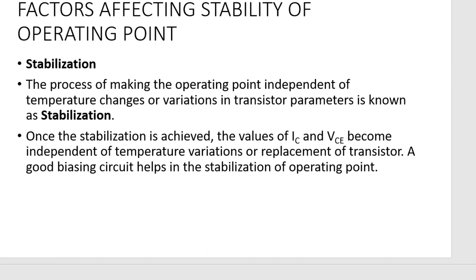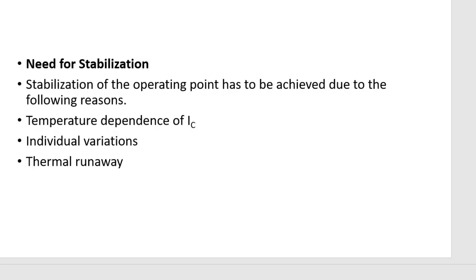Throughout the operation of the transistor, the values of IC and VCE should remain fixed, or even if you replace the transistor with another transistor of the same kind, the operating point should not change.